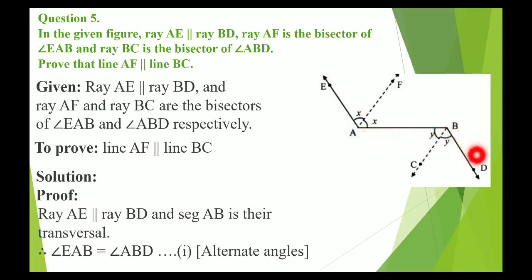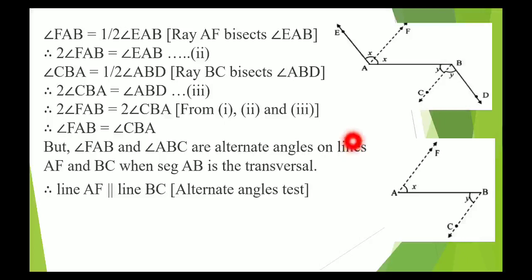Since we know that AF is the bisector of angle EAB, I can write FAB is equal to half of angle EAB.